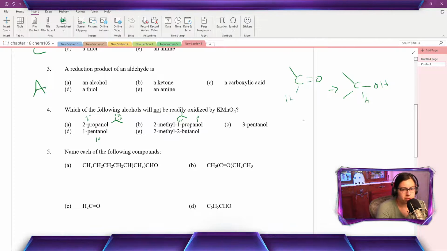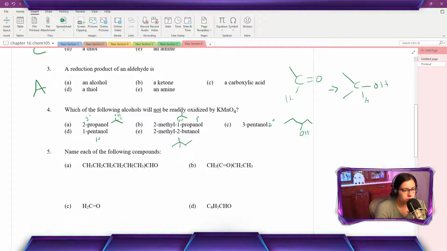Let's do 3-pentanol. So pentane. So 1, 2, 3, 4, 5. So 3 OH. So that's going to be a secondary. And then 2-methyl 2-butanol. So 1, 2, 3, 4.